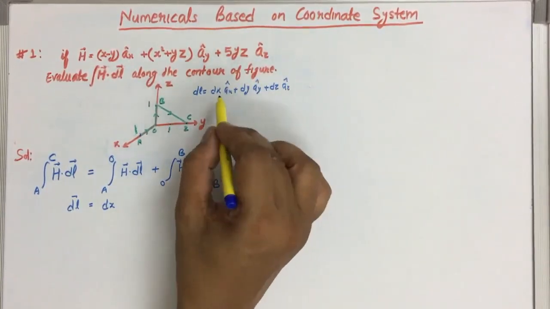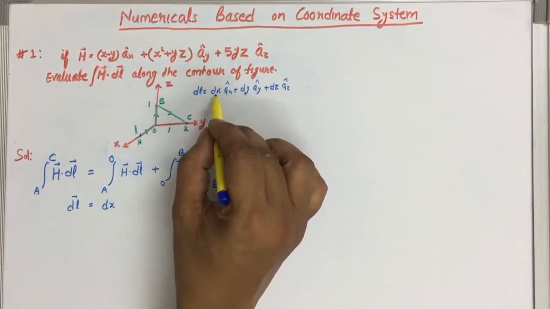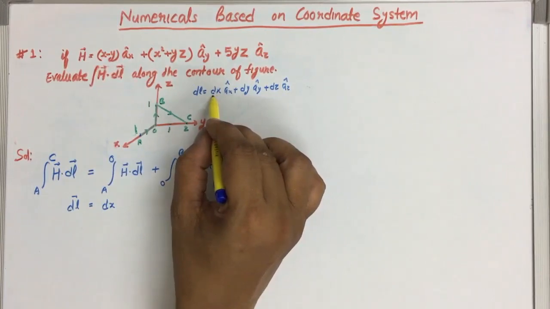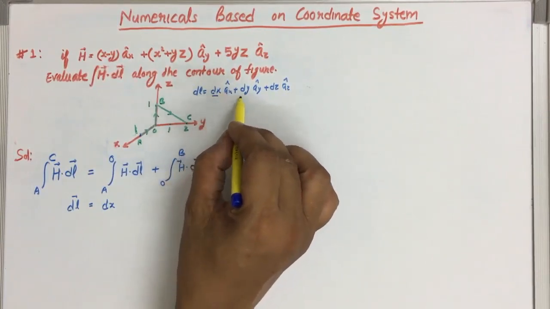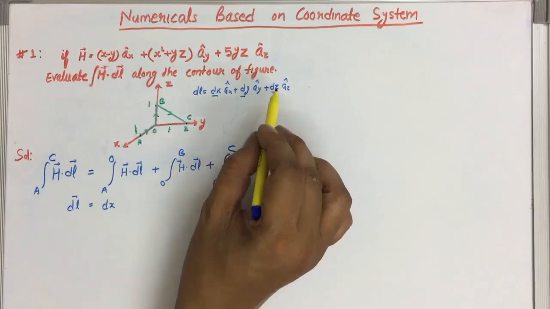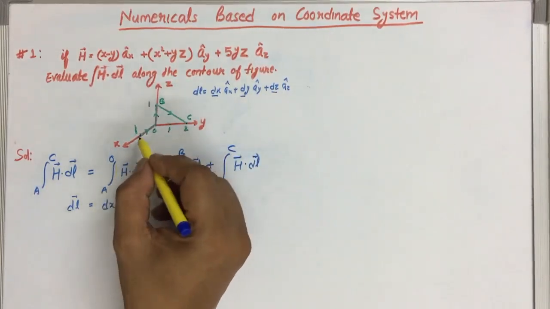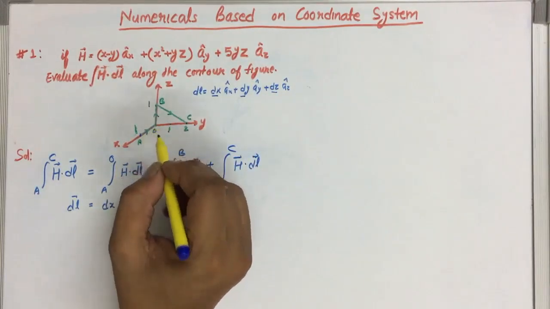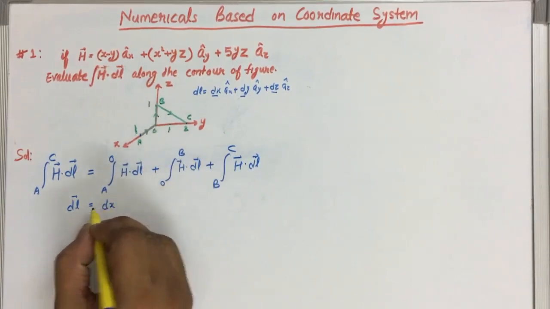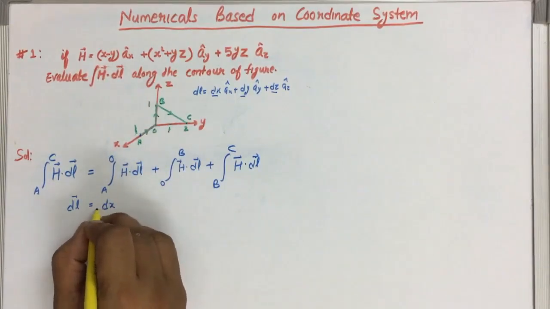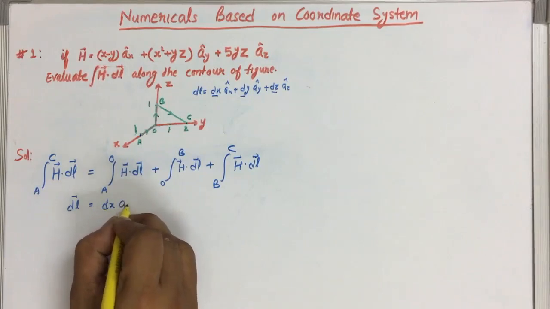If the vector is moving in the x direction, then it is dx, in y then dy, and so on. So this is from 1 to 0, and it is dx in the direction of ax.